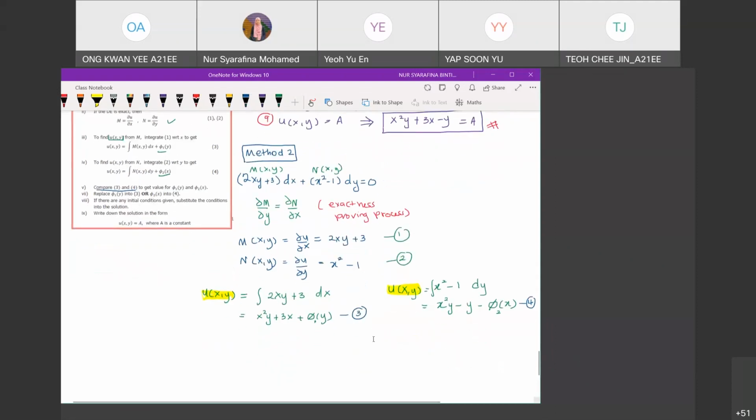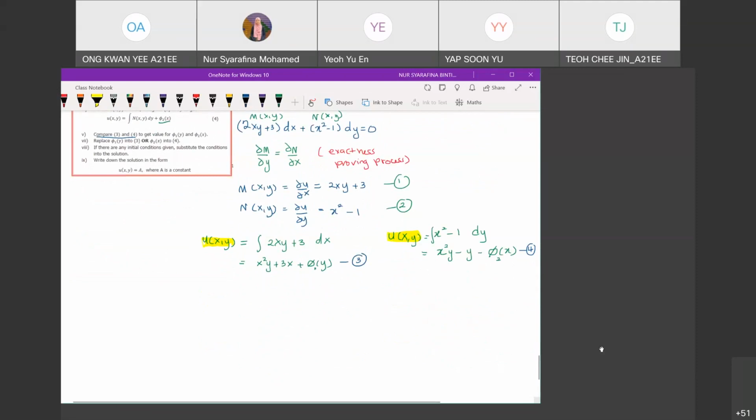Now how can you compare? Just equate them together. x squared y plus 3x plus psi y equals x squared y plus psi x. Sorry, it should be positive psi x. Then you compare.